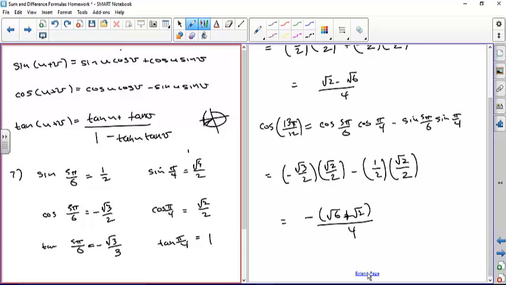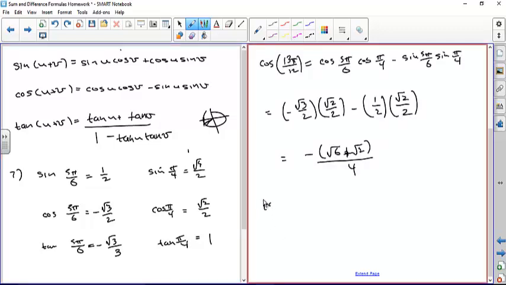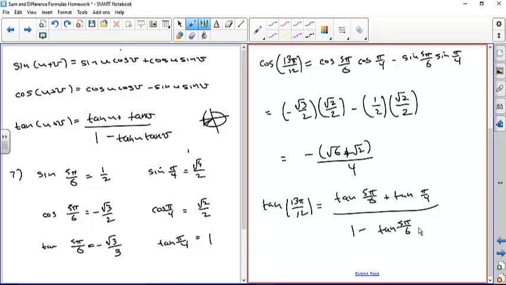And then finally, the tangent of 13 pi over 12 is equal to the tangent of 5 pi over 6 plus the tangent of pi over 4 divided by 1 minus the tangent of 5 pi over 6 times the tangent of pi over 4.